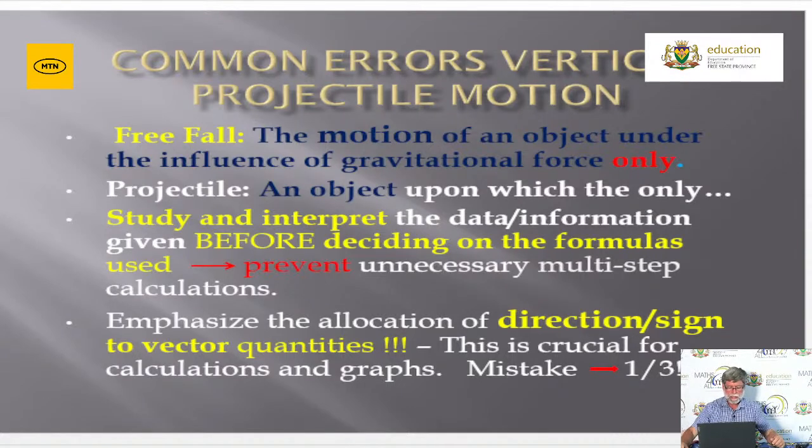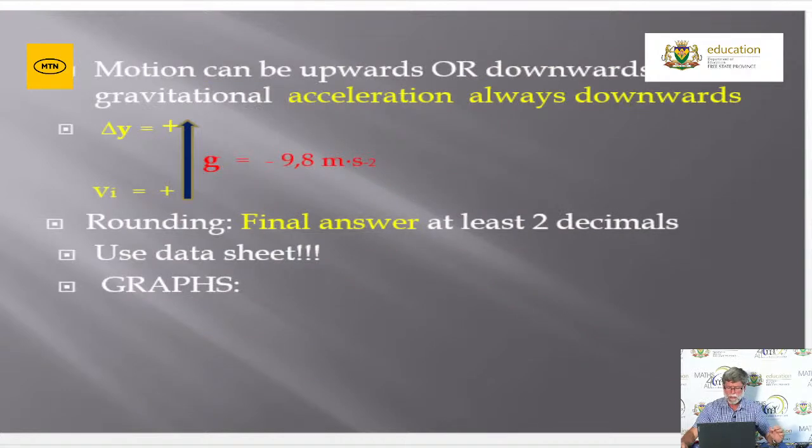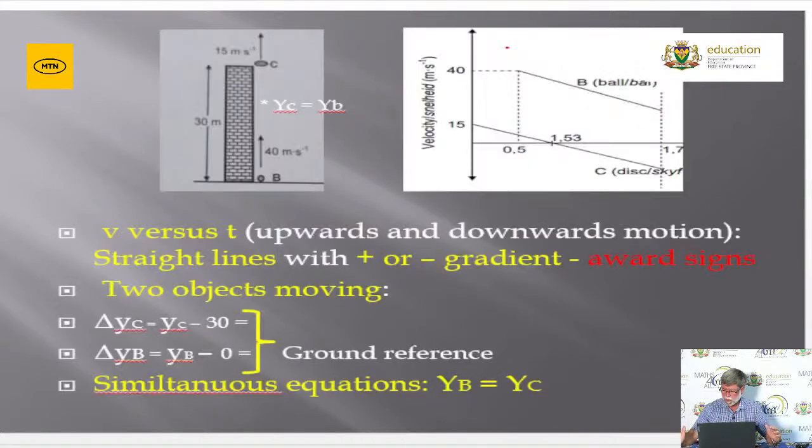Now, the next thing, after that you get to your calculations, your scenario given. It's very important to first study the scenario very, very carefully. Look at the data information given before you decide on a formula. Why do I say so? Because if you have a question of 3 or 4 marks and you do not choose the best formula, it will end up in a multiple step calculation, and the chance of losing marks there is very big.